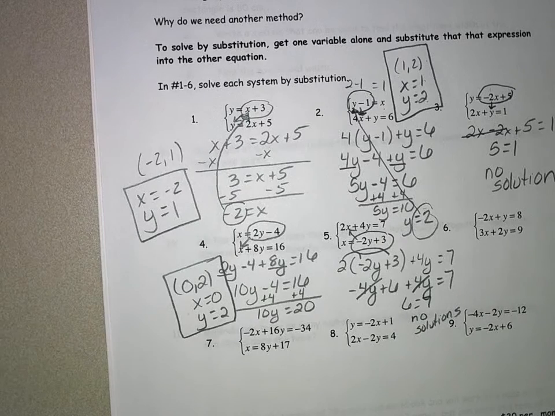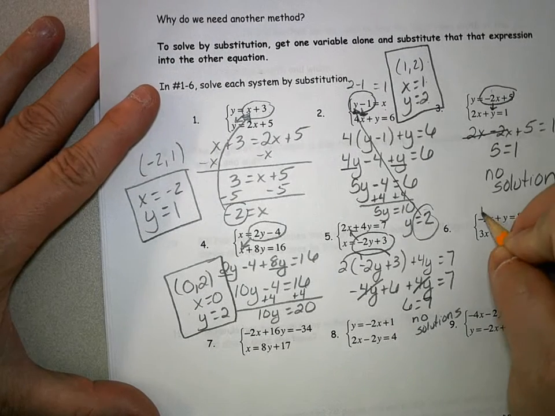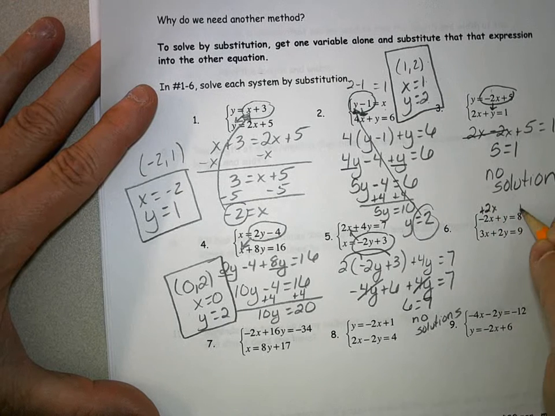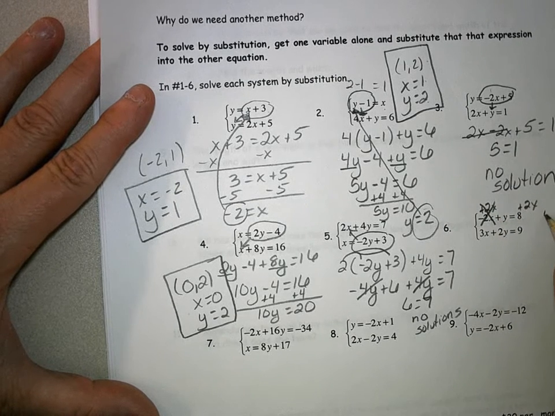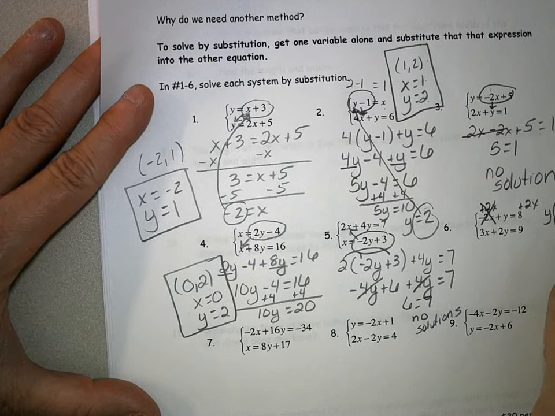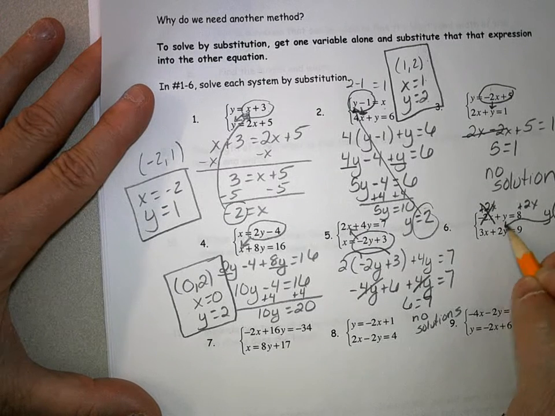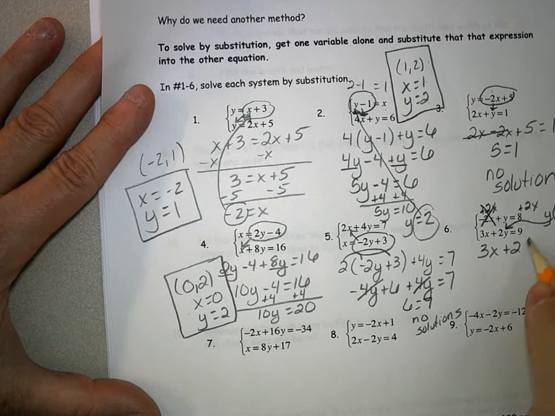Number 6, we don't have any nice x equals or y equals. So what I'm going to do is add 2x to both of these. And then that becomes y equals 2x plus 8. And now I can take that and put that in place of the y. So 3x plus 2 times 2x plus 8 equals 9.